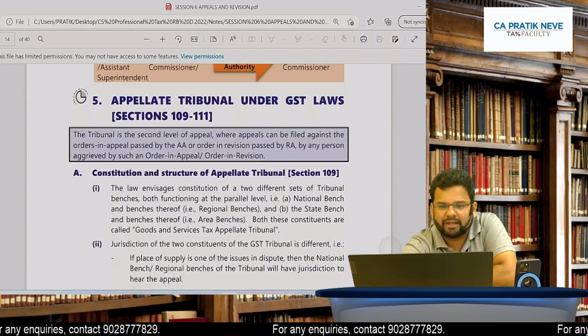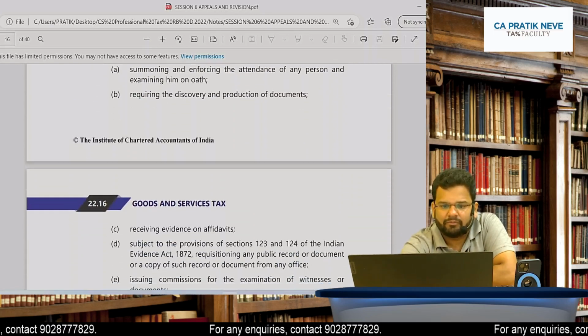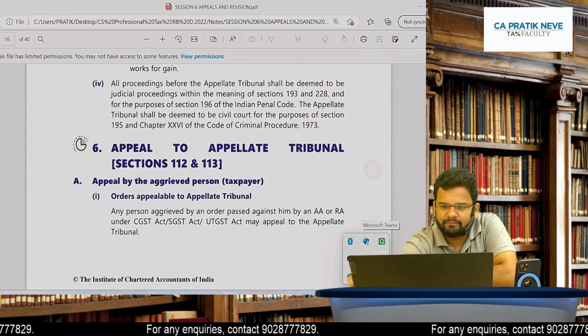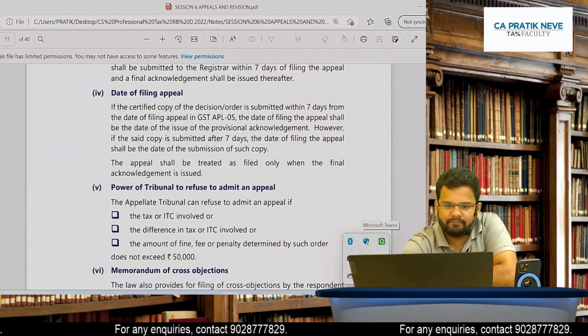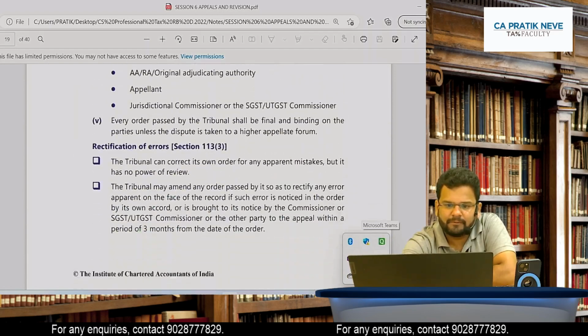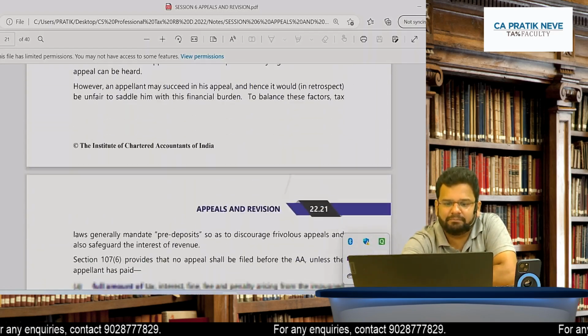Because I want to take you through an example as well. Check this mandatory pre-deposit.